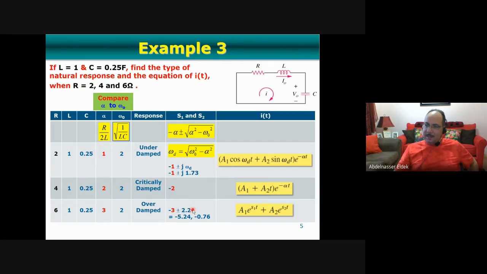You just add it by positive and add it by negative, then this is the answer. Then you substitute S1 equal this one and S2 equals this one. It doesn't matter which one, of course. And then after that, to calculate A1 and A2, you need to find the initial conditions and then calculate A1 and A2.